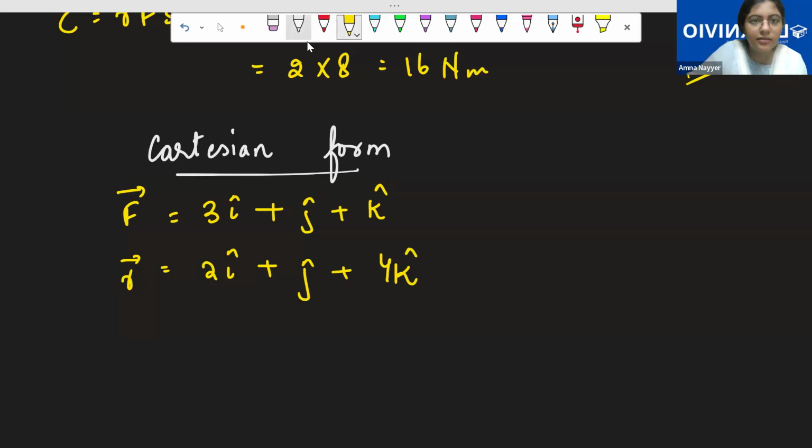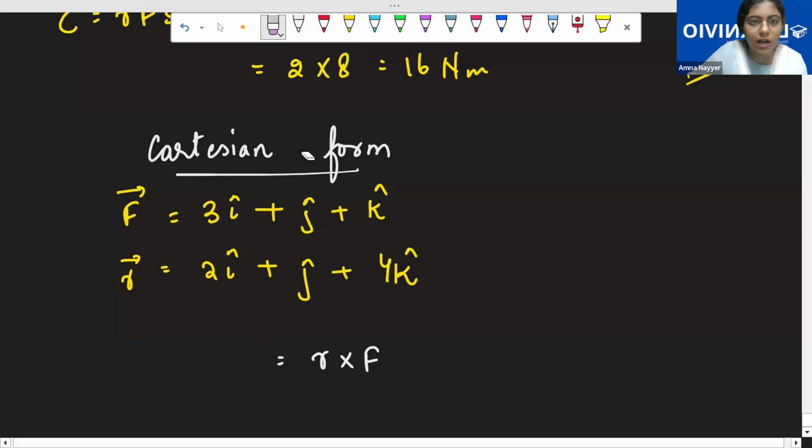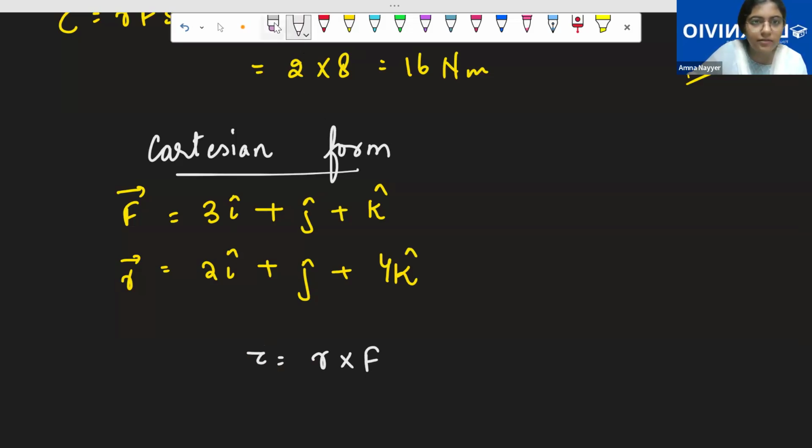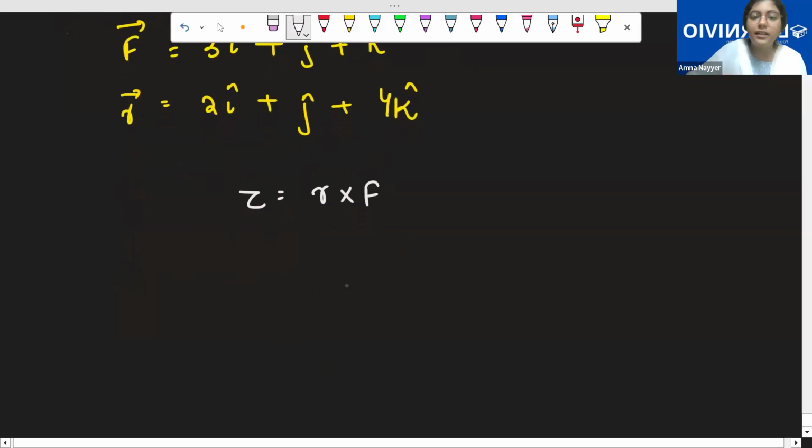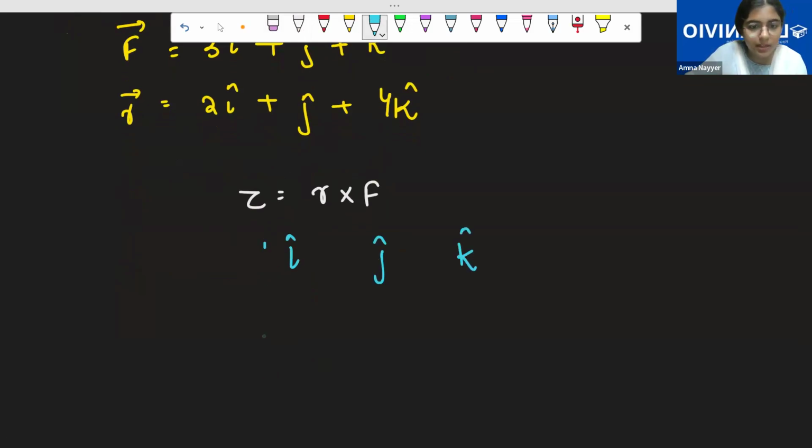Like if I have torque is equal to R cross F, I'll have to see whether the radius is present first or the force is present first. So if my radius is present first, you make a determinant system. Pay attention here because this is completely new. I cap, J cap, K cap.